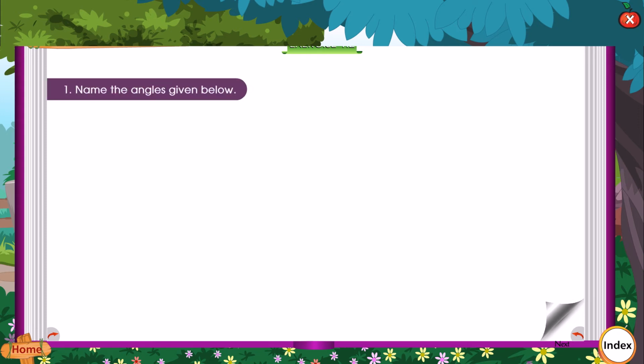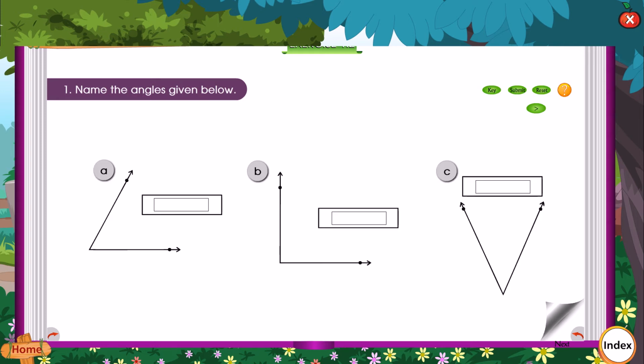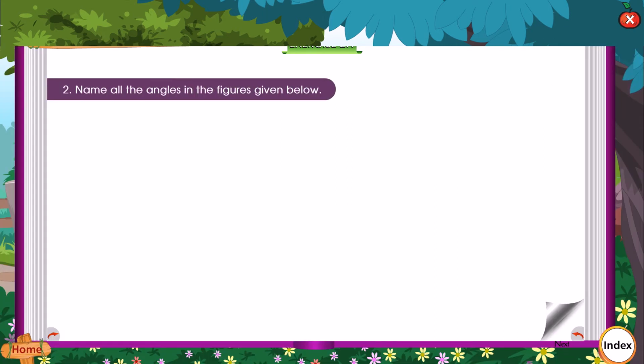Name the angles given below. Name all the angles in the figures given below.